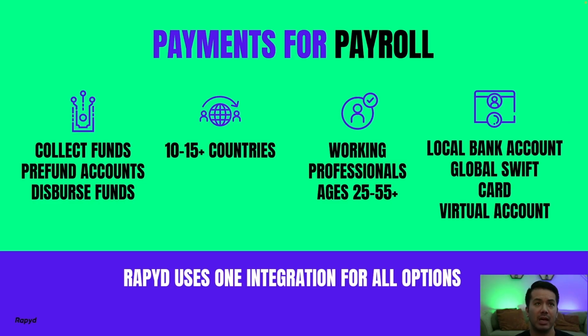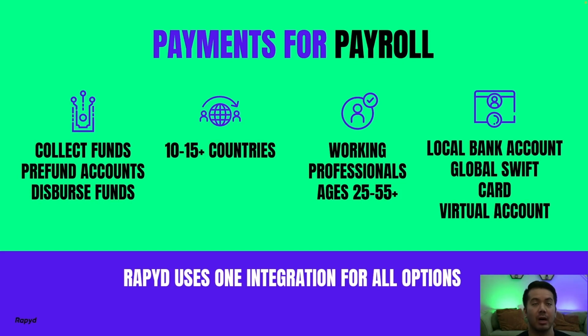If we replace these things in this next slide, of course, they collect funds in whatever business or service they are providing, and then they can pre-fund accounts designated to certain employees to go out. And of course, from those accounts, they would disperse or pay out these funds. Let's just say they could be paying out to different working professionals in 10 to 15 different countries.